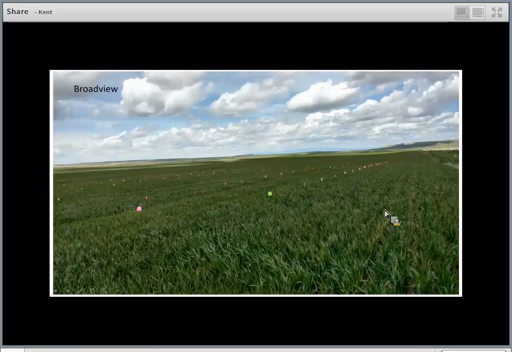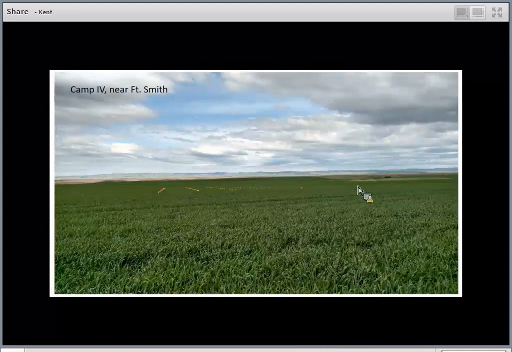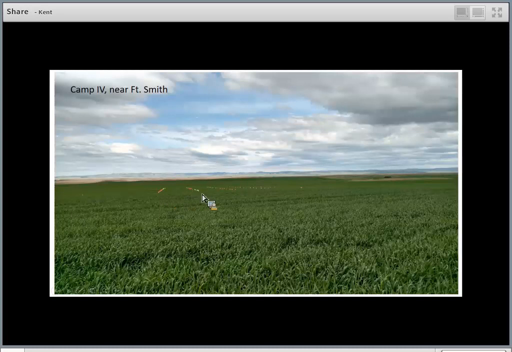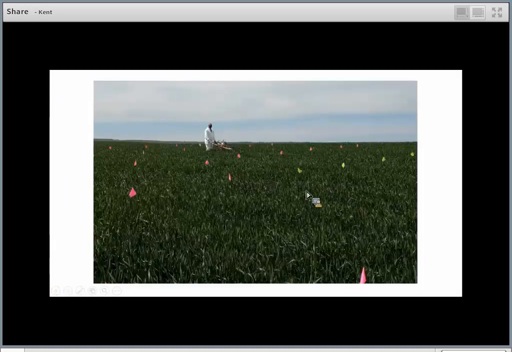This is a site from Broadview where we did this. So we're doing it on farm, and this is actually Keith Schott's farm, and we found some uniform areas. This was a rep here, and there's 4 reps across there. So we spray on, this is at Fort Smith. Same thing, and the color-coded flags are so we can keep track of each different micronutrient product we put on.